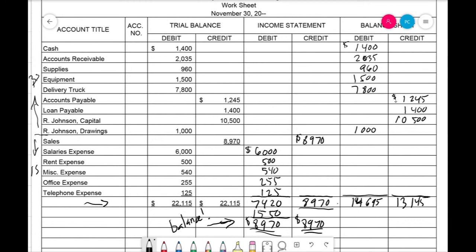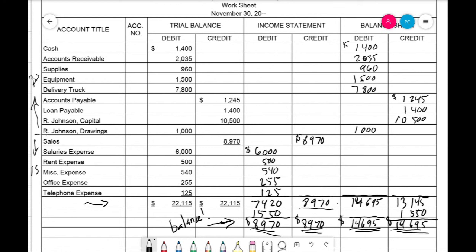So you should have a big number and a small number, and then you just take the difference from the balance sheet and you move it over, and you should get the same answer, right? So these numbers should now be equal, which they are. And those are your final totals.